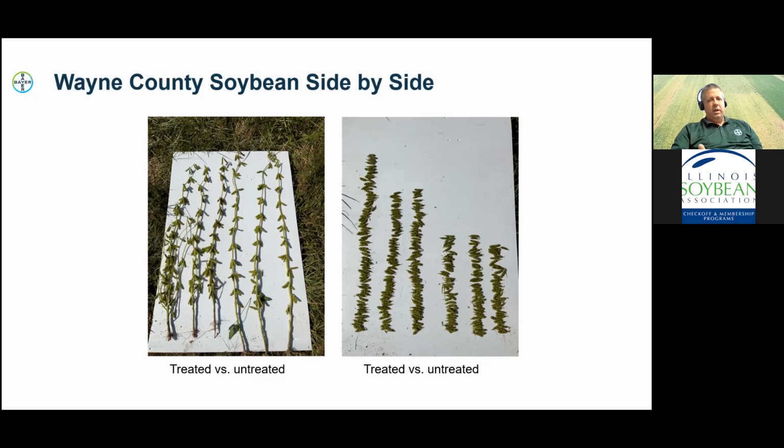We didn't gain pods from applying the fungicide. We protected the pods that plant was going to produce. And so we lost pods where we did not apply the fungicide. So especially in a high commodity price environment, we're really leaving money on the table. We're leaving yield on the table in many cases, or most cases, by not applying a fungicide.